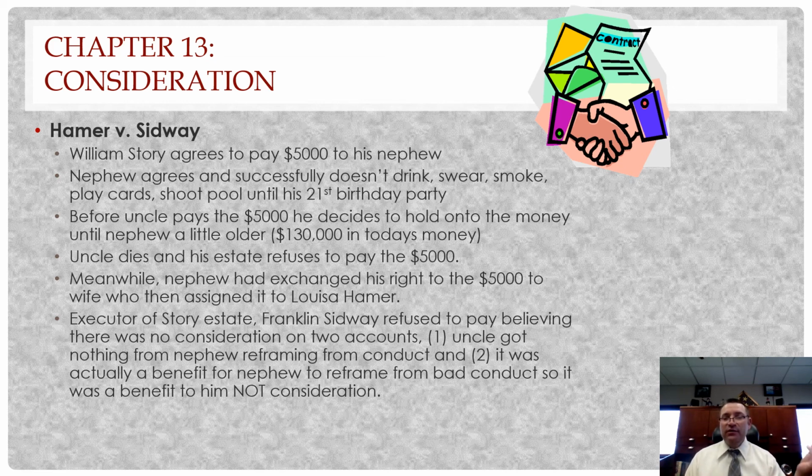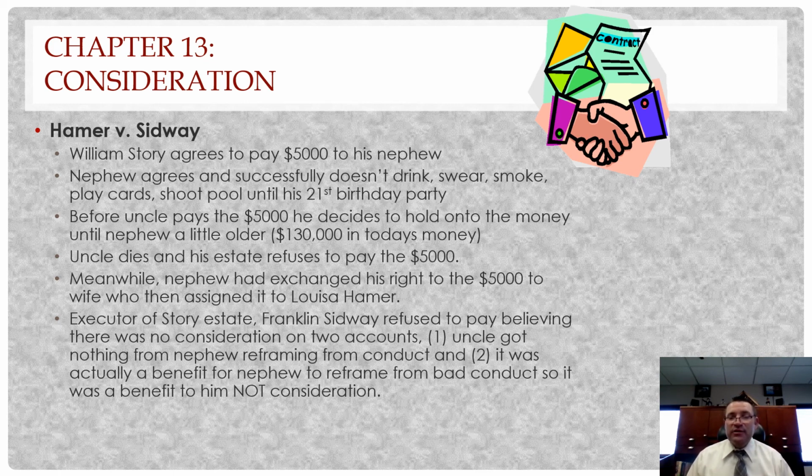So she had the credit. She knew that Mr. Story, William Story, owed $5,000 to the nephew, and so she gave the nephew that credit line with the understanding that the nephew had turned over his right to that money to her. Sedway, on the other hand, was the executor of the uncle William Story's estate.